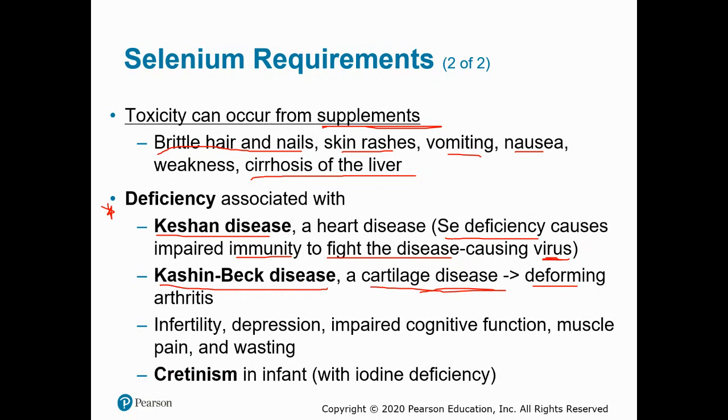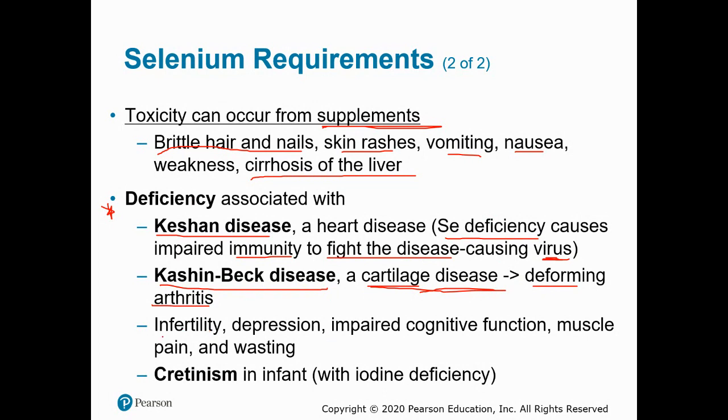Again, due to a selenium deficiency, which weakens the overall antioxidant ability of the body. And in Kashin-Beck disease, the part of the body that gets damaged due to the oxidation is the cartilage, so you wind up with this deforming arthritis.